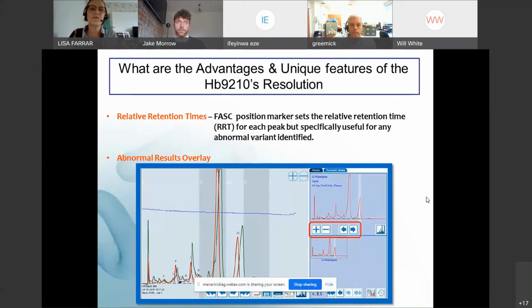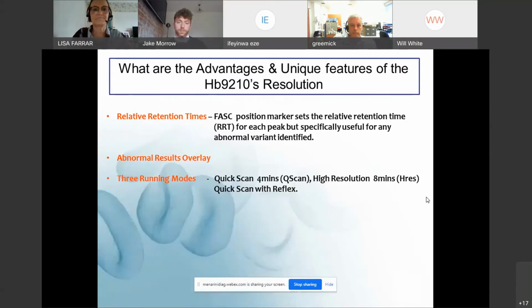So it gives you some confidence, and it will help in training new members of staff in understanding the chromatograms and understanding the differences in the positioning of various variants.